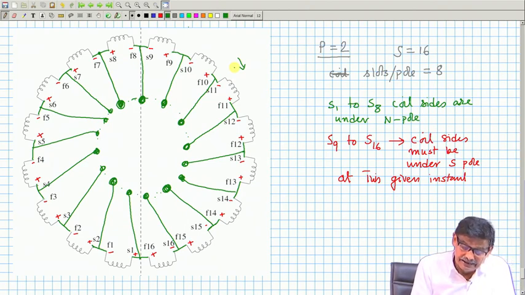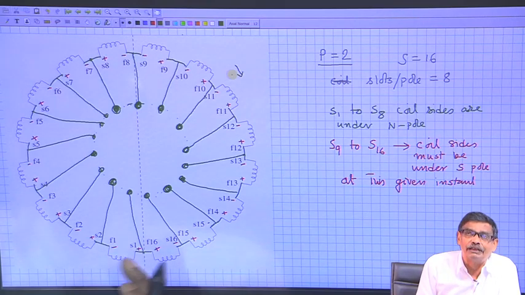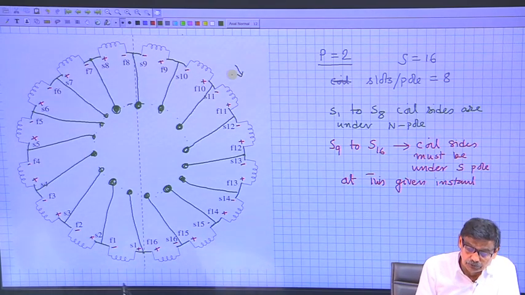After taking a snapshot, with time this distribution of plus minus will remain intact. Whoever comes in the position of S1 F1, after some time S16 F16 will come here and S1 F1 will advance to that side, but it is destined to have this polarity. That is the crucial point.